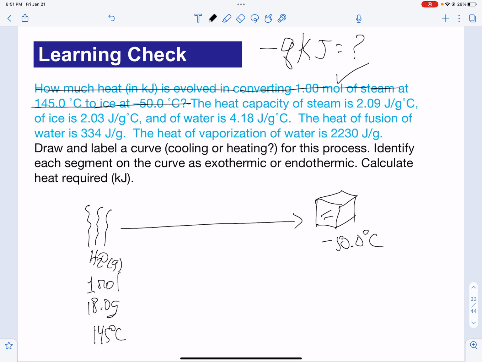The heat capacity of steam is 2.09. The heat capacity of ice is 2.03, and the heat capacity of water. So we're talking about liquid, solid, and gas. So when the water is a gas, the molecules are already moving faster. They already have a bunch of energy, so they can only absorb a little bit more.